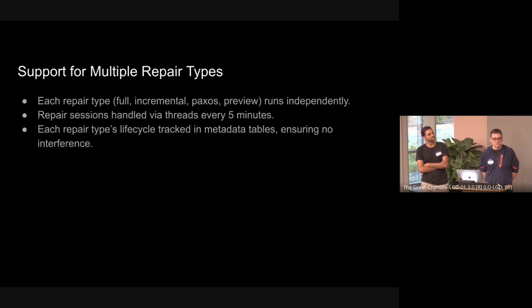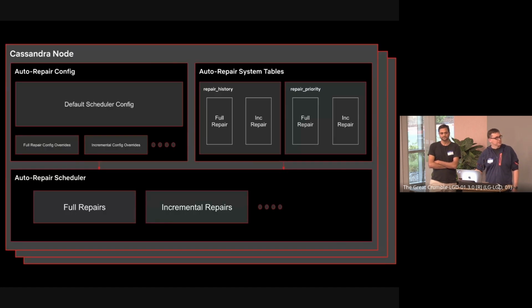While usually you would just run one type of repair, like incremental, you still would periodically want preview or full repairs to run to identify things like bit rot or disk corruption, things like that. So it's good to have both types, but you may want to run them at different cycles and such. That's one of the things supported here.